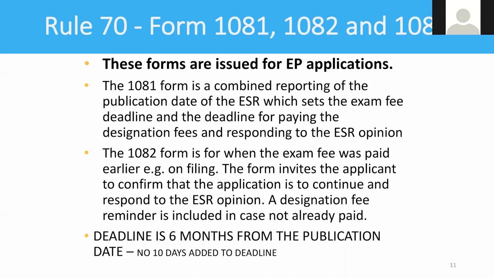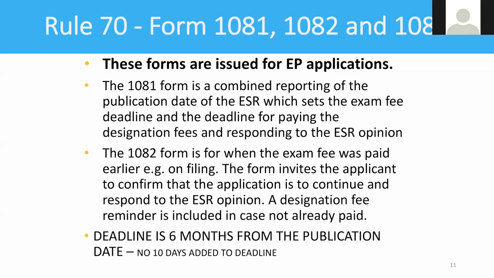The 1082 form is used when the exam fee was paid earlier, most likely at the time of filing. The form invites the applicant to confirm that the application is to continue and respond to the ESR opinion. A designation fee reminder is included in case it was not already paid.